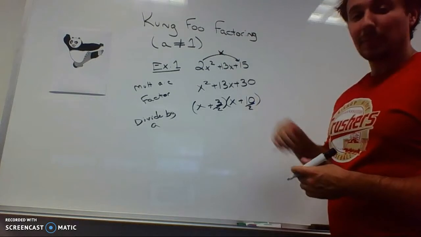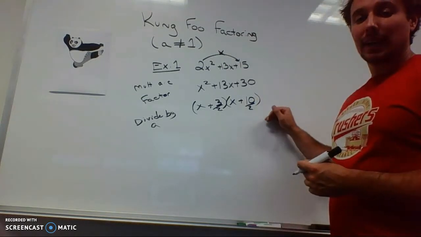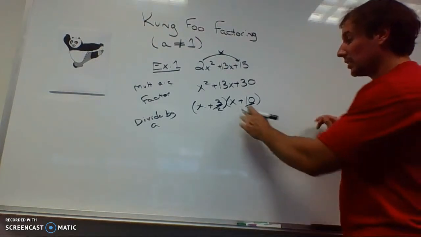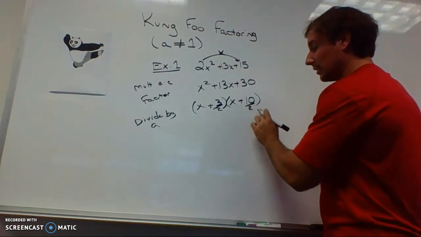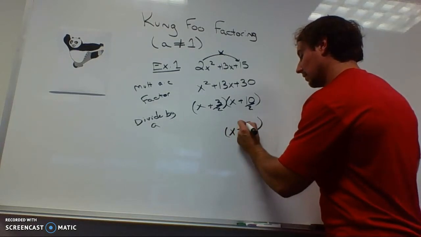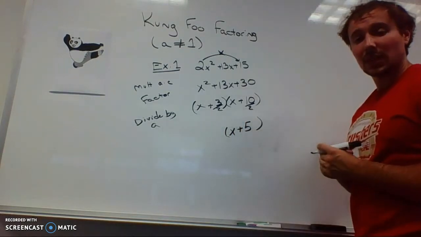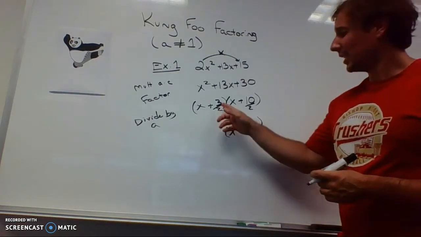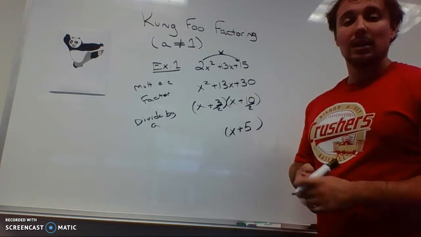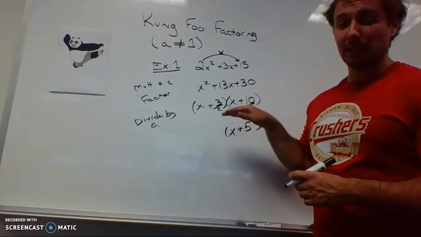Here, once I have my division happening, if I can divide and it works out evenly, I go ahead and do my division. So here I take x plus 10 divided by 2. Well, 10 divided by 2 is 5. But if it doesn't work out nicely, here I can't take 3 divided by 2 and have it work out without having a decimal.